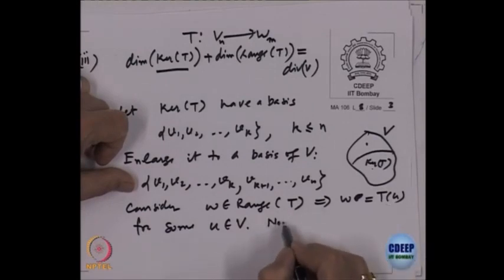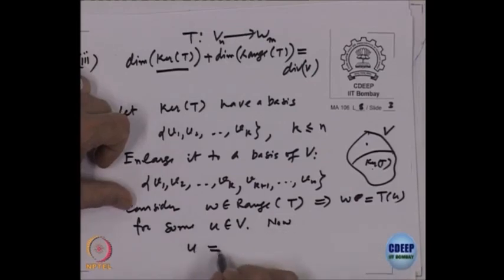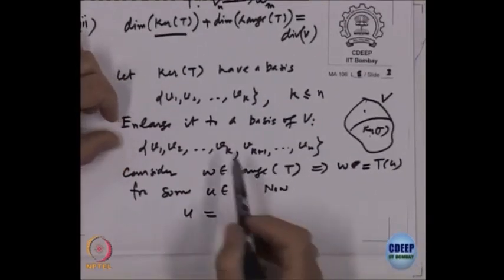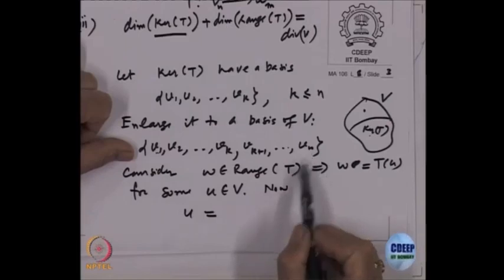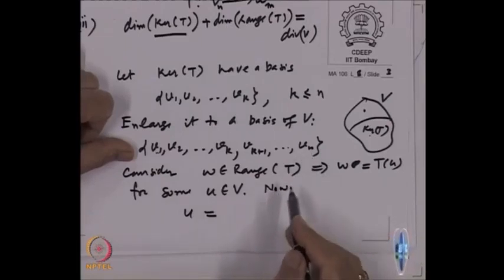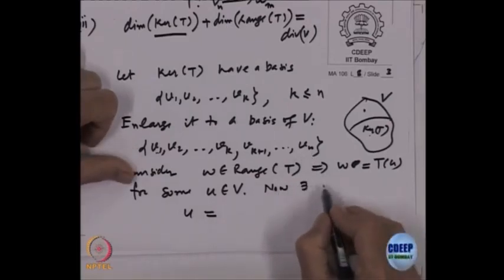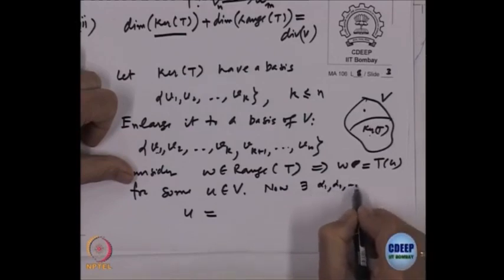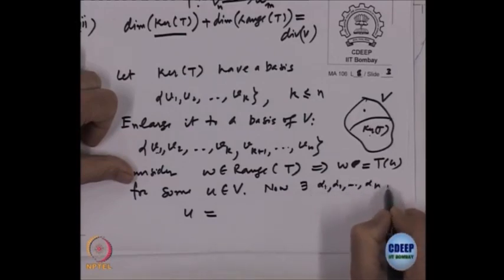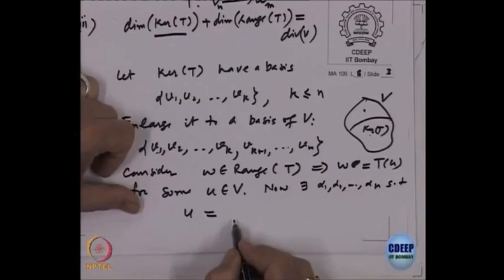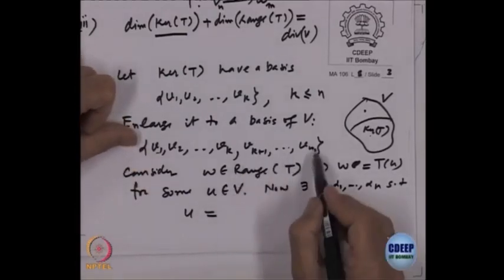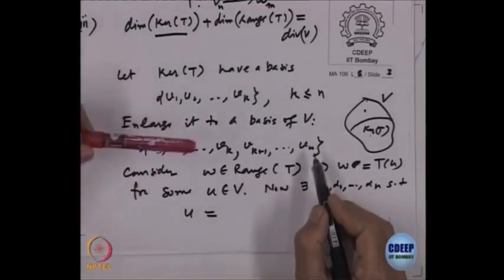So, now this U can be written as, I have got a basis for V, U is an element of V. So, what should I have? That means, now there exist some alpha 1, alpha 2, alpha n such that U must be a linear combination of the basis elements. Here is the basis element, right, for this basis.